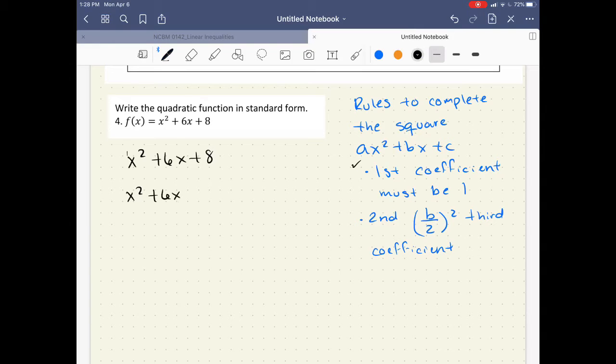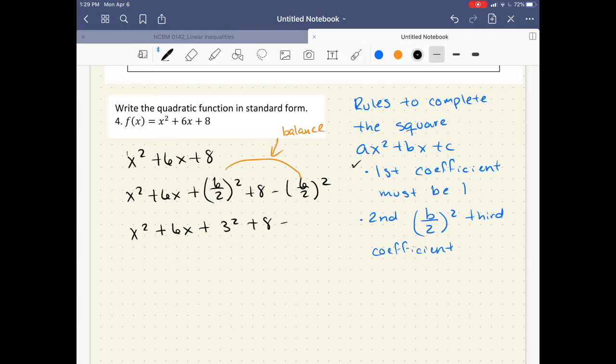Squared plus 6x plus 6 over 2 squared plus 8 minus 6 over 2 squared. Remember, I'm adding both a positive and a negative to maintain a balance. So you always have to do this. So this becomes x squared plus 6x plus 3 squared plus 8 minus 3 squared.